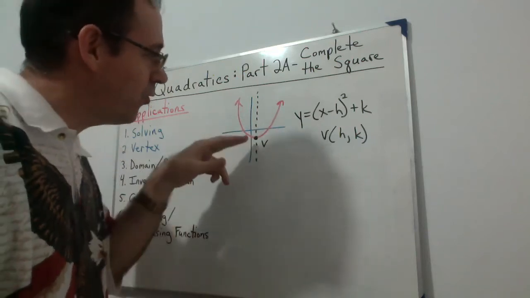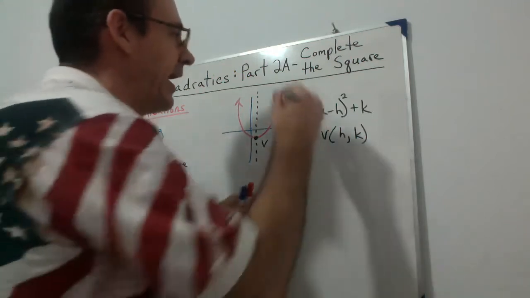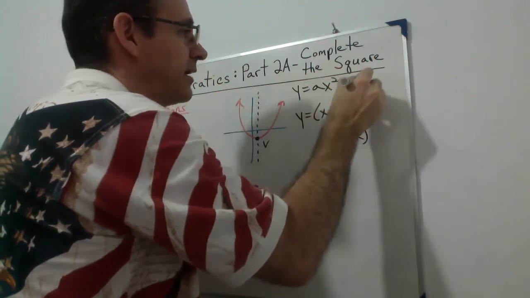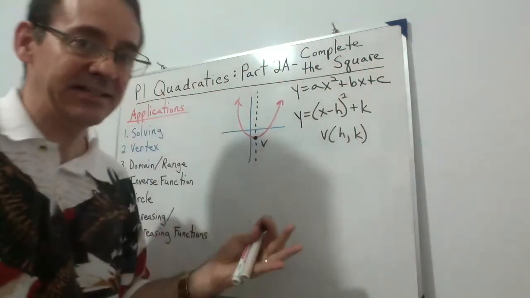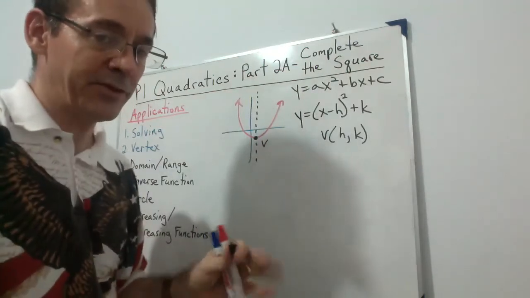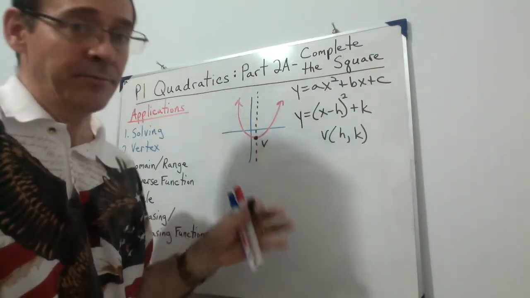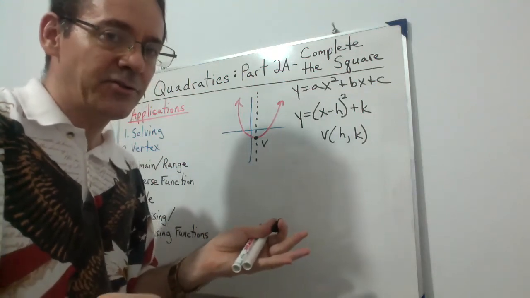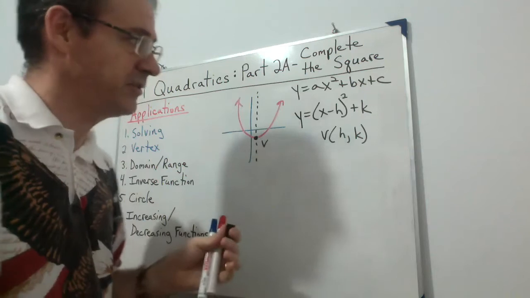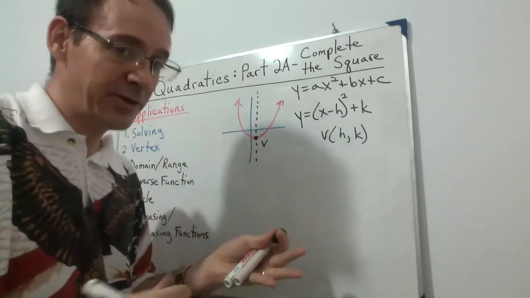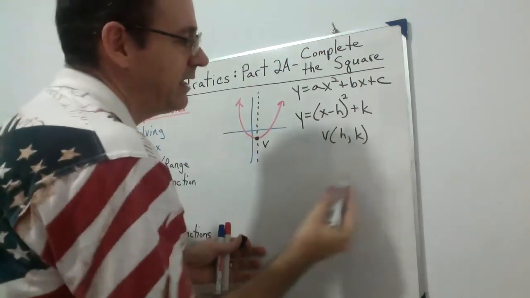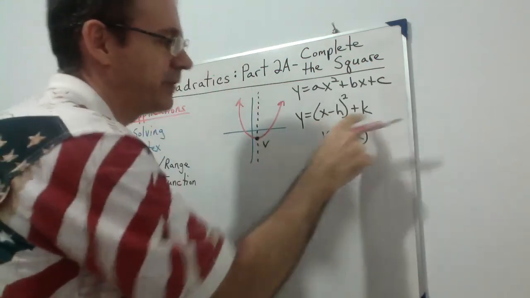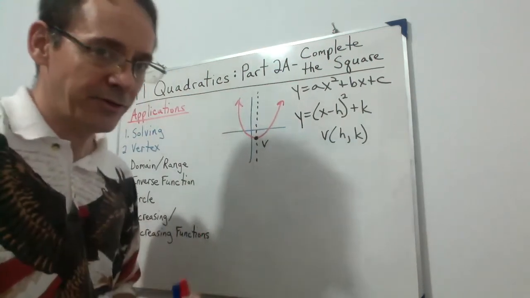But you don't know where the vertex is if it's in the form ax squared plus bx plus c. You can't see it by looking at that form. There is a way to solve for it, but you go back to the quadratic formula and use part of that to figure out where your vertex is. So if you haven't learned the quadratic formula yet, completing the square can provide it for you at a glance. You can tell right away where the vertex is.